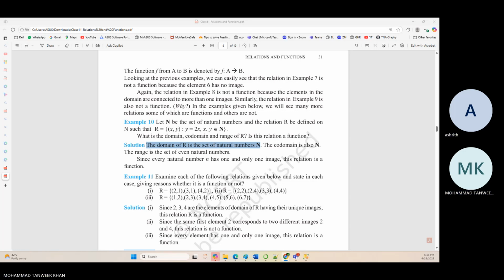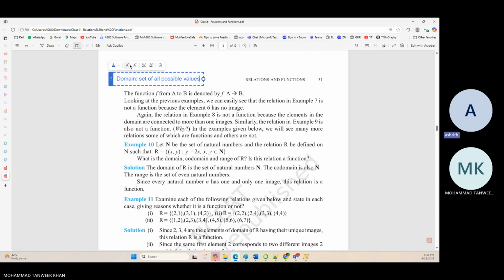No. So domain means the acceptable values. Age can't be negative, so age should be positive only. If someone asks what is a domain, you have to tell them: the set of all possible values is called the domain.